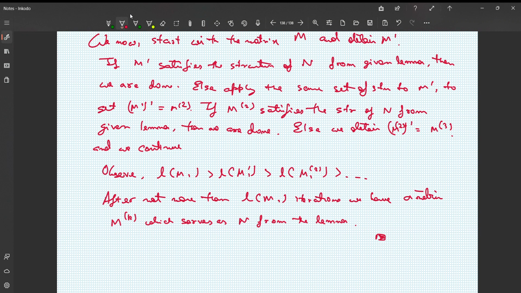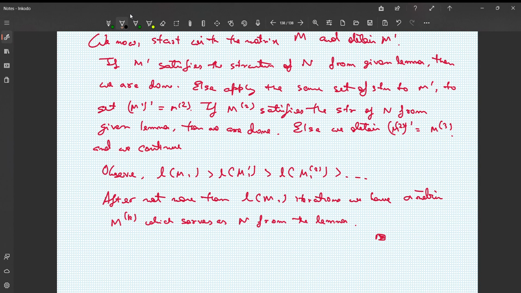Clear? Okay. I guess this statement is clear. The algorithm we discussed before writing this proof was actually the important one.